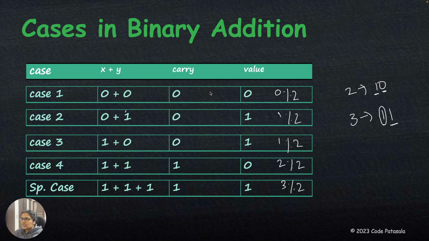So this is 0 by 2. 1 by 2 is 0. Here also it is 1 divided by 2, which is 0. Here it is 2 divided by 2, which is 1. Here it is 3 divided by 2, which is 1. So we will use this same remainder and division while assigning the variables in our code. Let's head to the coding now.